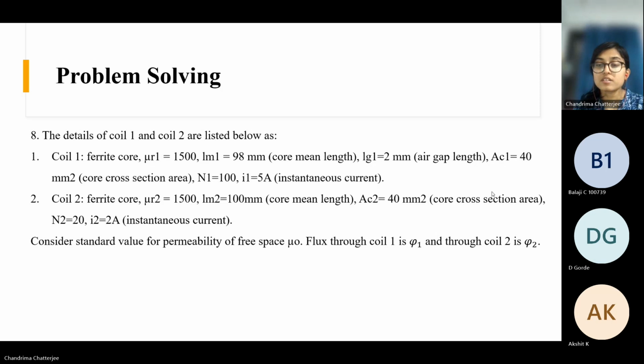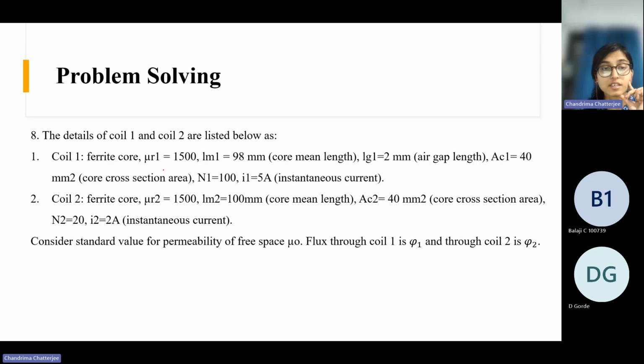So this will be the last question today. The specifications for two coils are given. For coil 1, both are ferrite cores. The mu r is given, then the magnetic path length, then the air gap length, and the number of turns and current. The same parameters are given for coil 2.